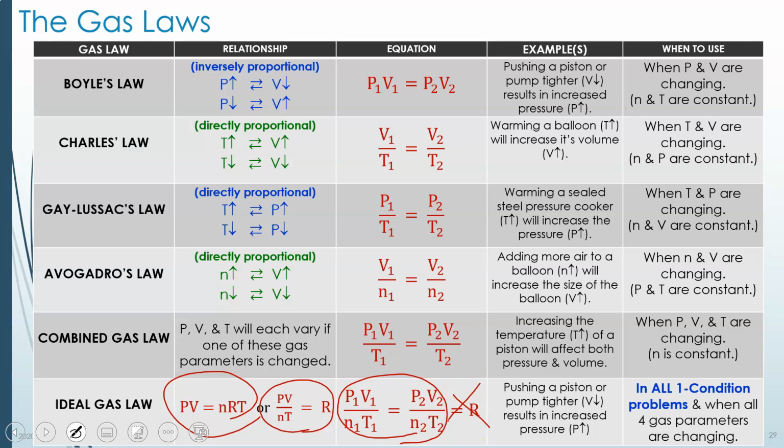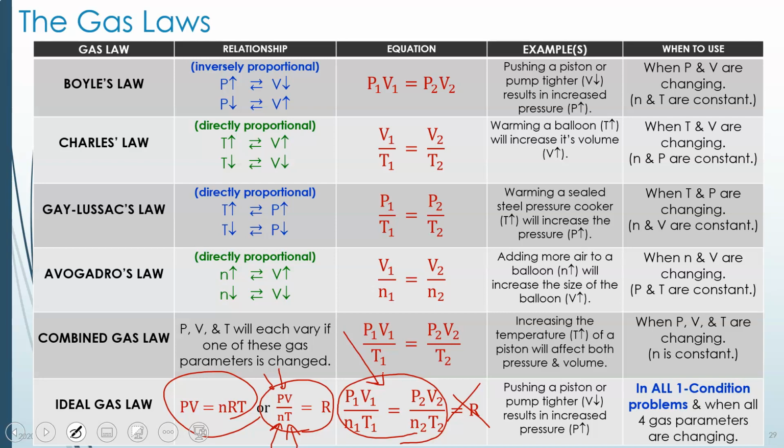And the reason this is so valuable is if you have only 1 condition for the gas, in other words, you're not changing anything, you just need to know all the different parameters, pressure, volume, number, and temperature, and if you know 3 of those, you can calculate the 4th one knowing the value of R. Or if you have a 2-condition problem where you know a number of the different parameters and you're trying to find out one new parameter, or maybe the one older parameter that you're missing.